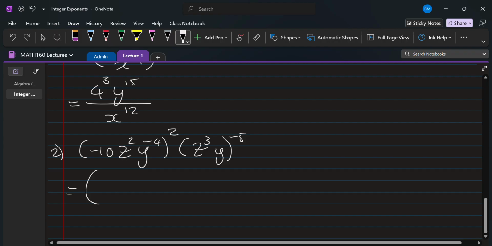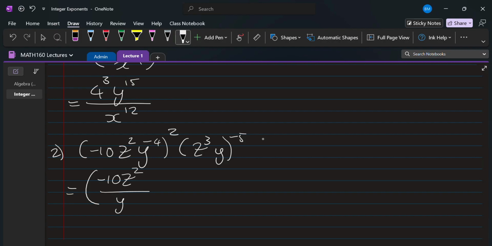We know how to work with that. Second bracket, not too much going on there, but notice, again, we've got a negative exponent. We need to deal with that, so let's do that first. In the first case, we're going to have minus 10z squared over y to the 4. So all the negative exponents have been dealt with, and then all of that squared.